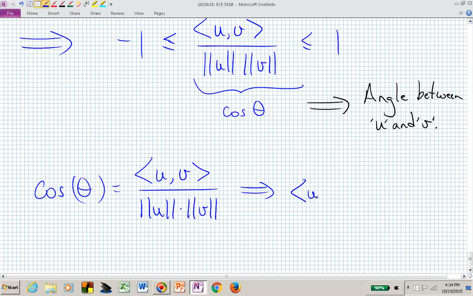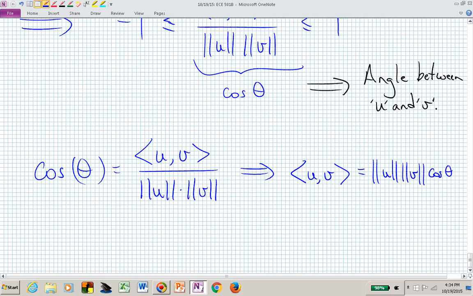Now this is where you could just multiply both sides through by the norm of u and the norm of v and see that the inner product is the norm of u times the norm of v times cosine of theta. If you were wondering where that relationship might come from, now you have it from the Cauchy-Schwarz inequality.